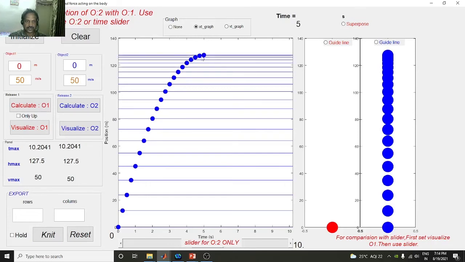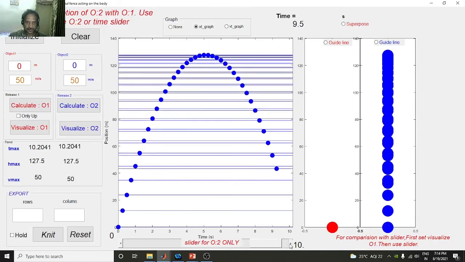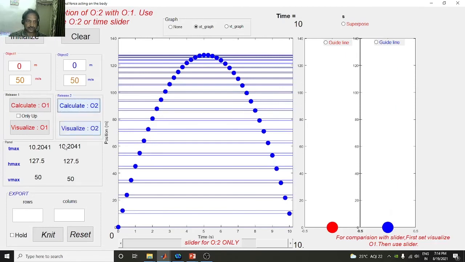So here it has reached the maximum height. Now it will come down. Now let's look at another speed, let's say 60 meter per second, and draw the position time graph.